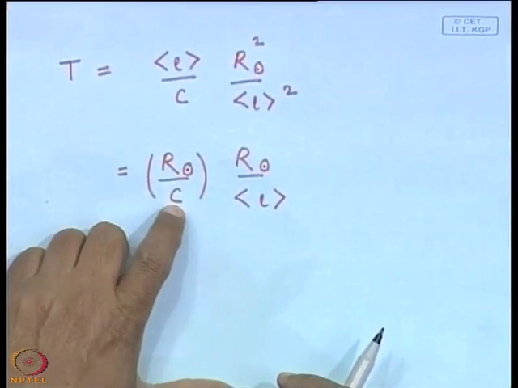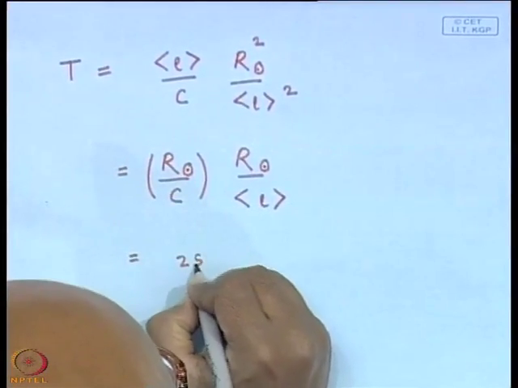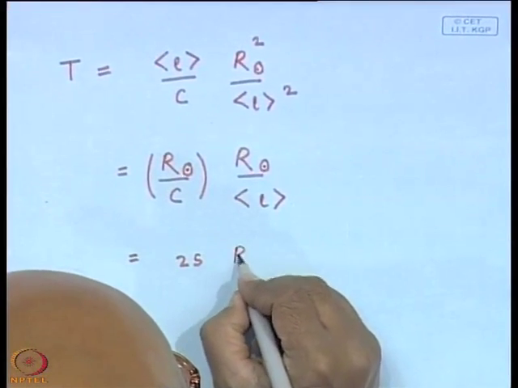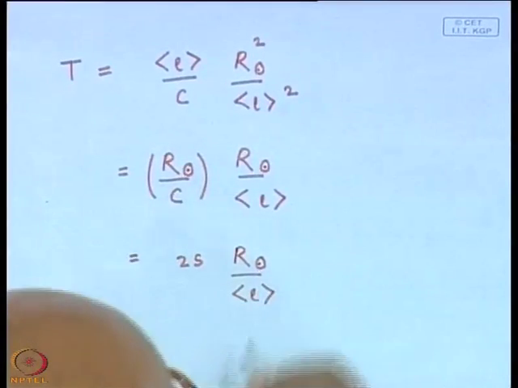So, this will be 2 seconds into the ratio of our sun by the mean free path.